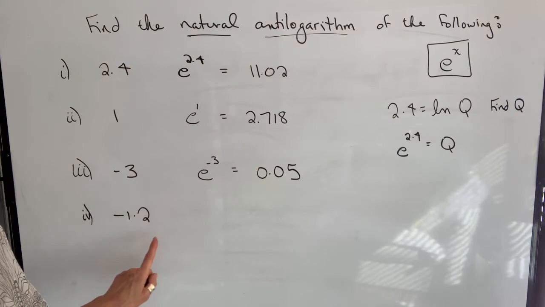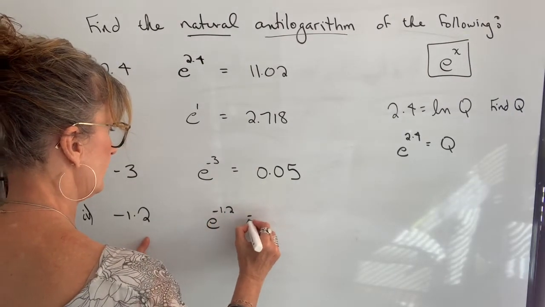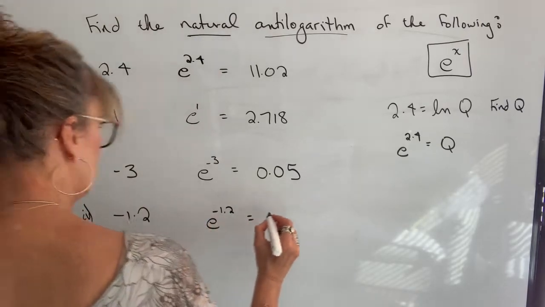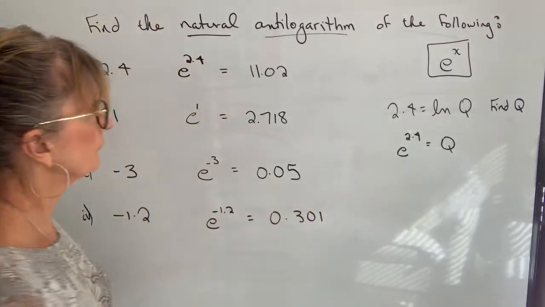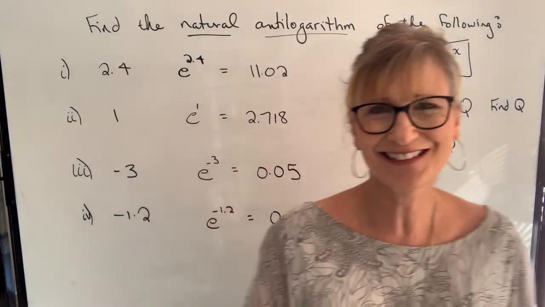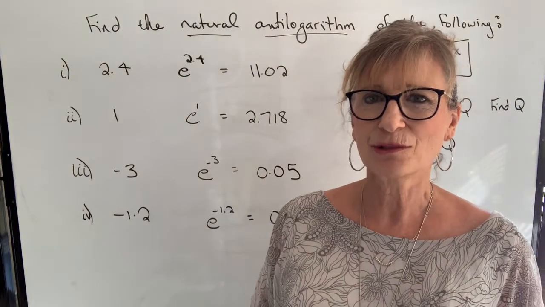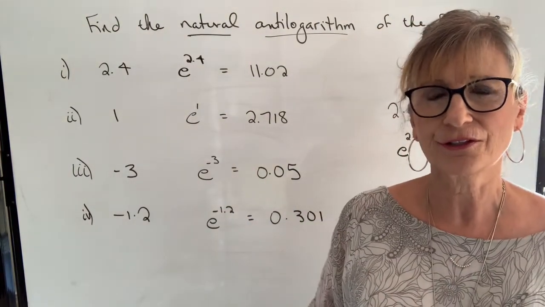And the last example is another negative exponent, e to the negative 1.2. That will equal 0.301. I'm not consistent with how many decimal places, but that's not important at this point. It's just understanding how to use that function on your calculator.